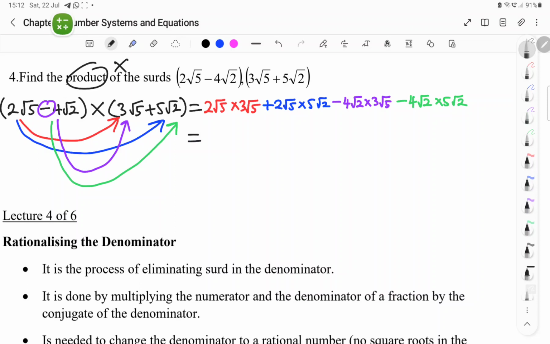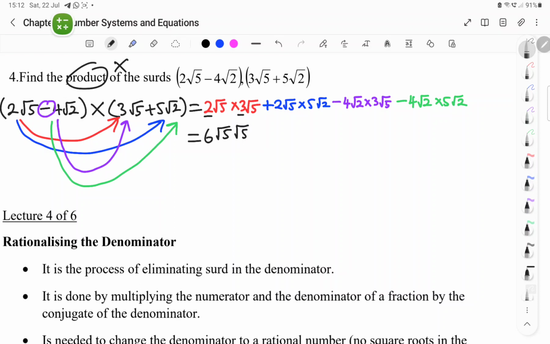Now, what to do? Group the natural numbers and the surds together. Okay, otherwise we will get confused. So this one, for the red one, we can group 2 and 3, put them together next to each other. It's a multiplication. So 2 multiplied by 3 is 6. And then square root 5 multiply square root 5. Okay.